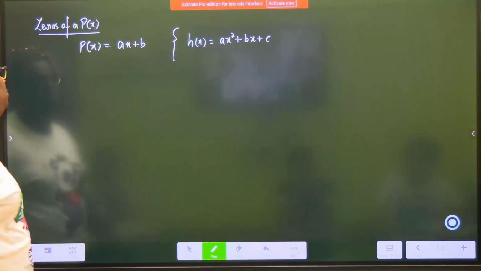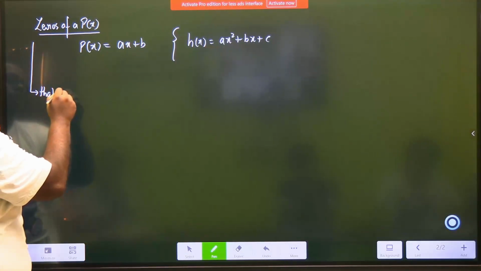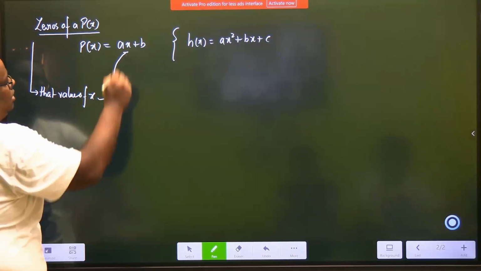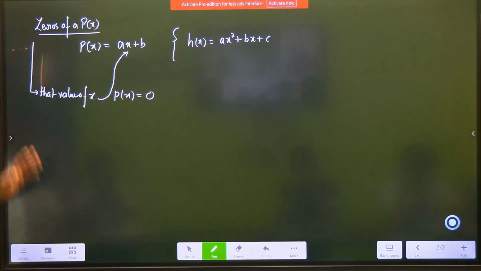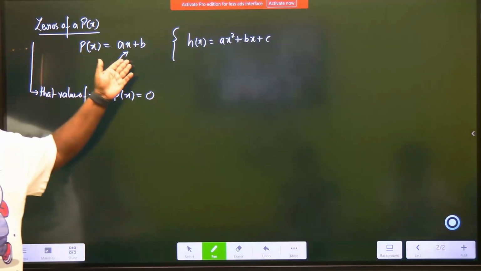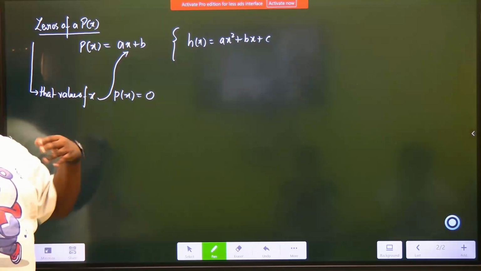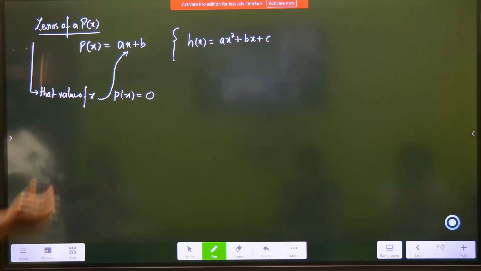Zero of a polynomial means that value of x which, if you enter here, p of x should give 0. Simple. That value of x, which if you put here, p of x should be getting a value 0. Right? So I do it like this.